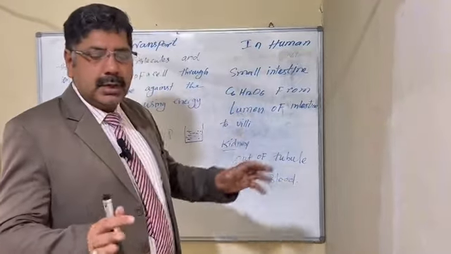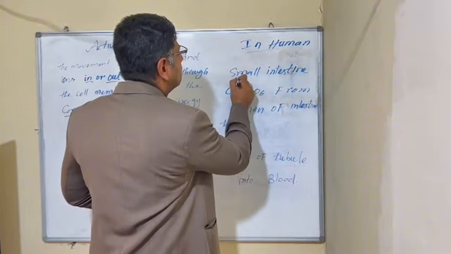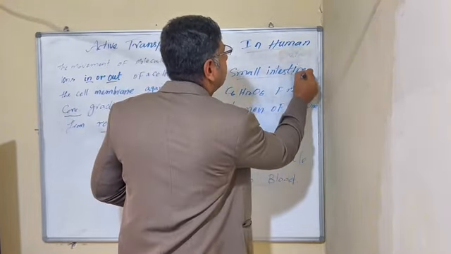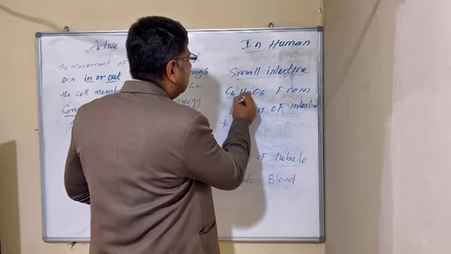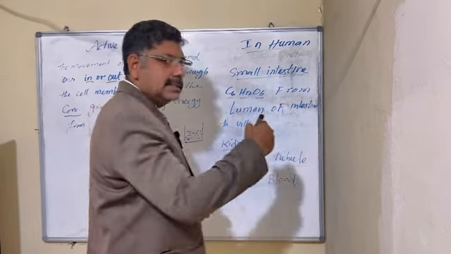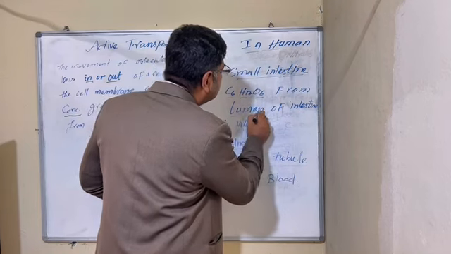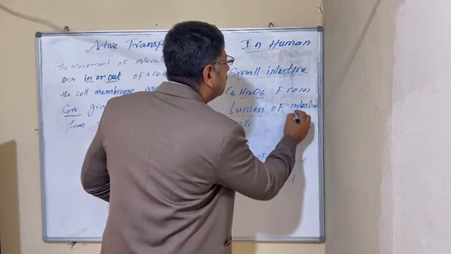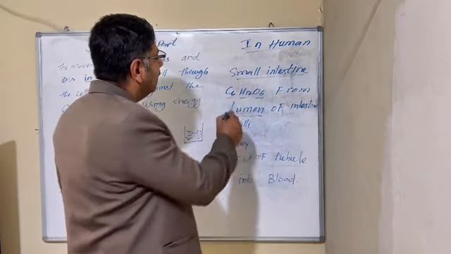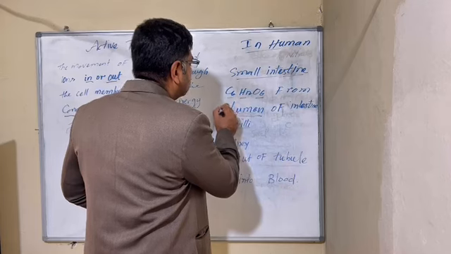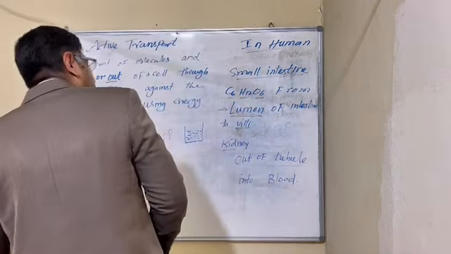Now let's talk about human beings. In human, there is the small intestine. Glucose, C6H12O6 is the formula of glucose, is transported from the lumen of the intestine to the villi. In the lumen there is less concentration of glucose, glucose is not in a proper amount.